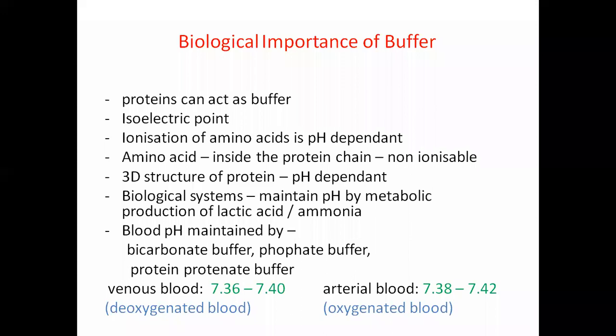So whatever you do in your body to change the pH of certain systems, the system will try to bring the pH to the normal level by the metabolic production of lactic acid and ammonia. Even protein metabolism plays an important role in the pH maintenance of our biological systems.